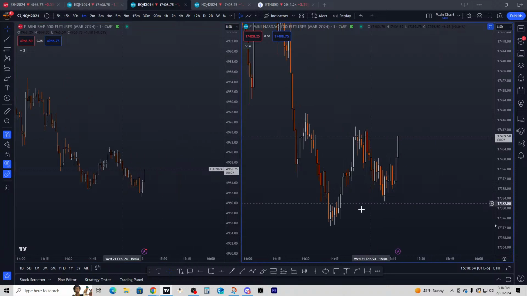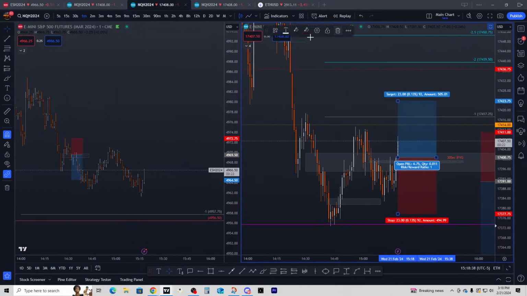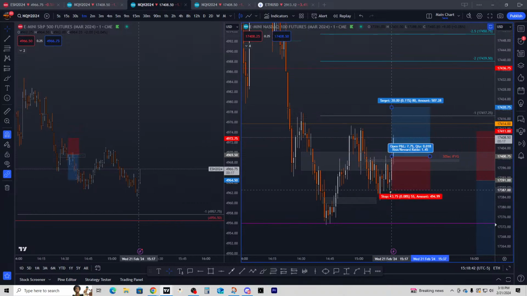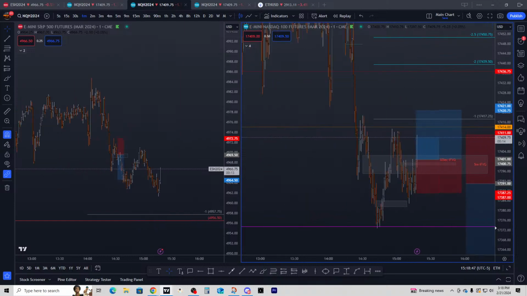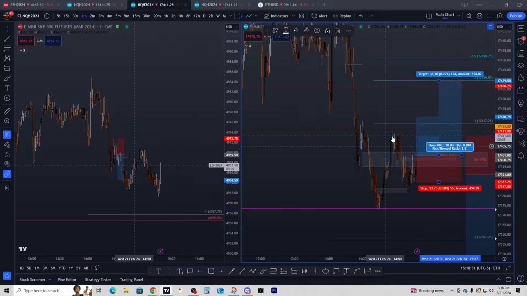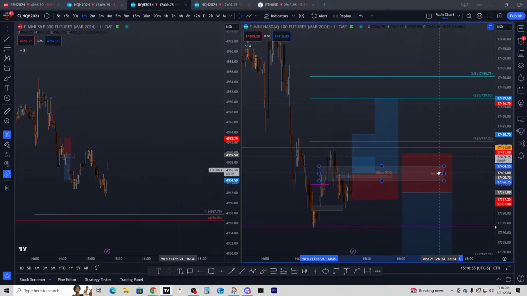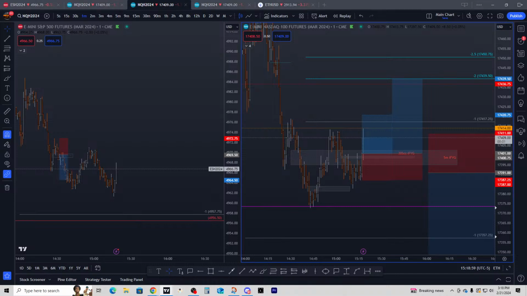So I'm paying attention to that. And here's our standard deviation from earlier. -2, bring us to 40 points. See what wants to happen here.